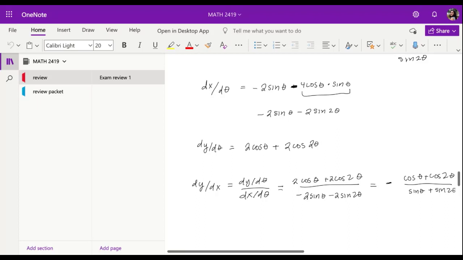So now to find the horizontal tangent, just like we did earlier, dy d theta should be equal to 0, and dx d theta should not be 0 at the same point. So let's solve for those.